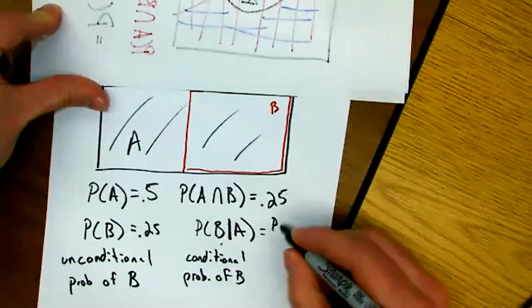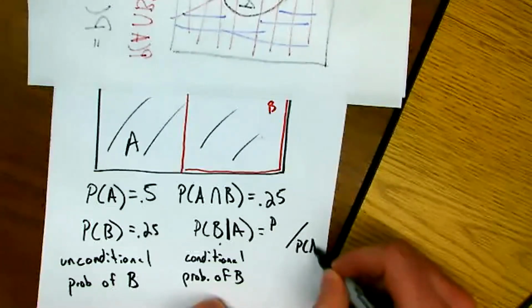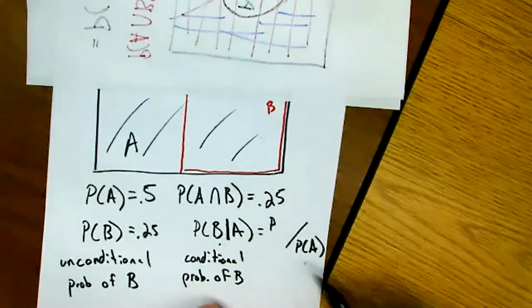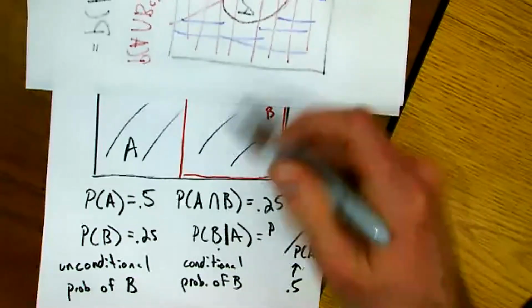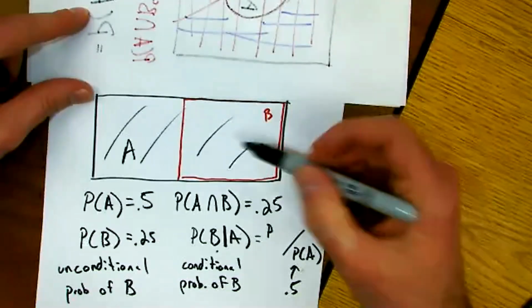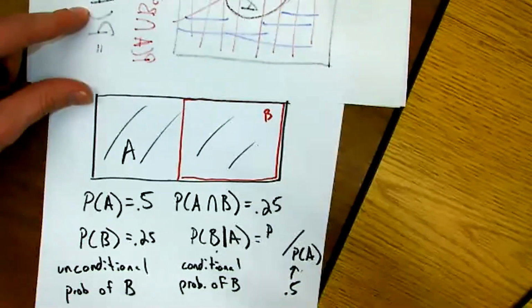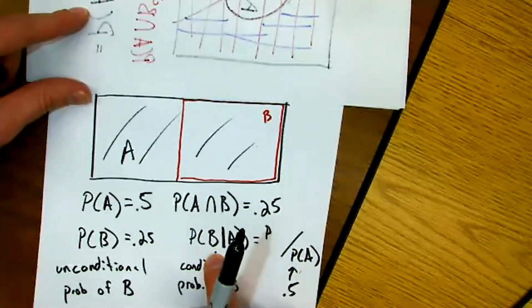So here, the entire experimental outcome space left is no longer out of 1, it's only out of whatever the probability of A is. And what's the probability that, now that we know we're somewhere in A, we are in B?